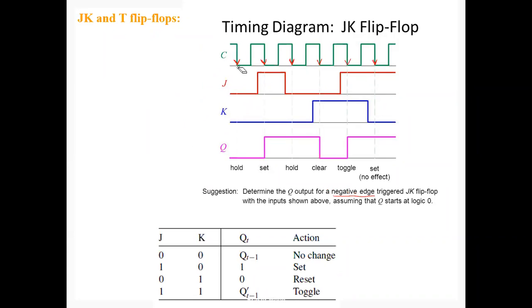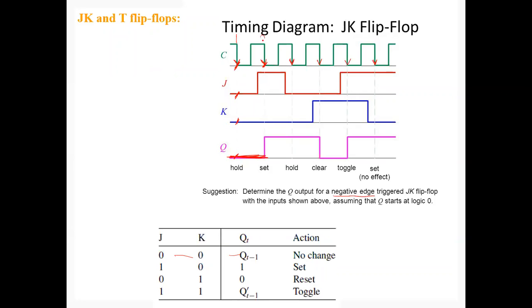All right, so this is the negative edge trigger. That's why whatever happens, happens right at this point. So at this point, what is your J, what is your K? 0, 0. So meaning no change. You had 0 here, so at this point it remains 0 until this point. Right at this point, another thing happens.